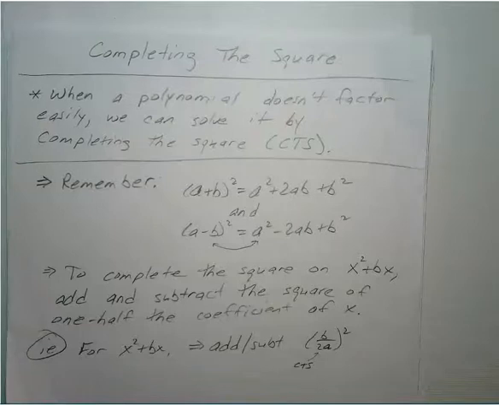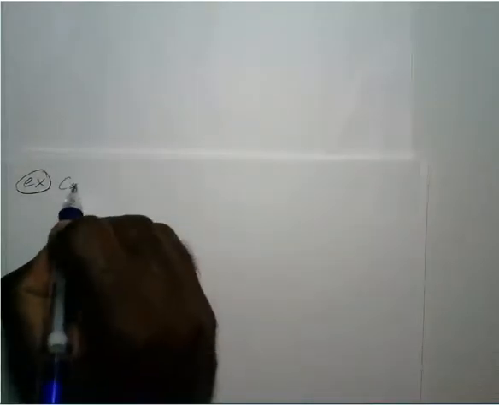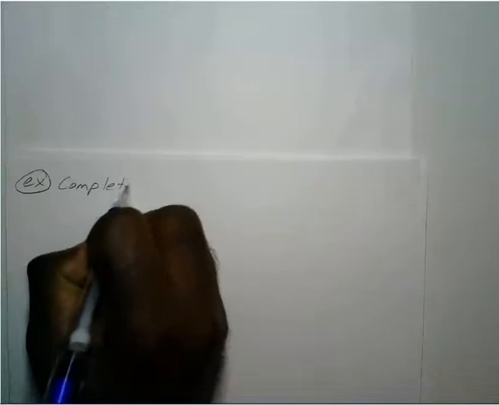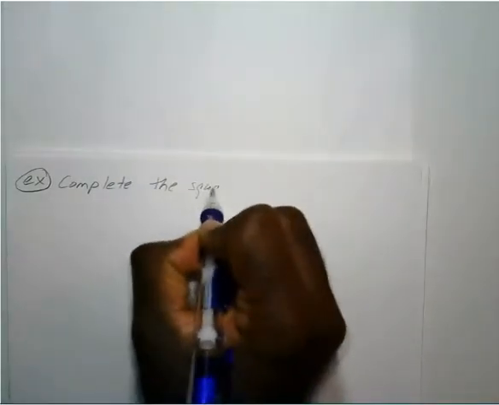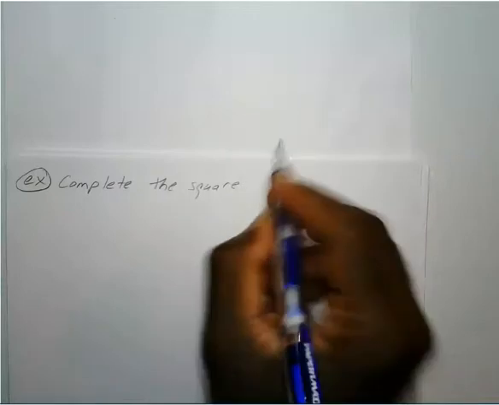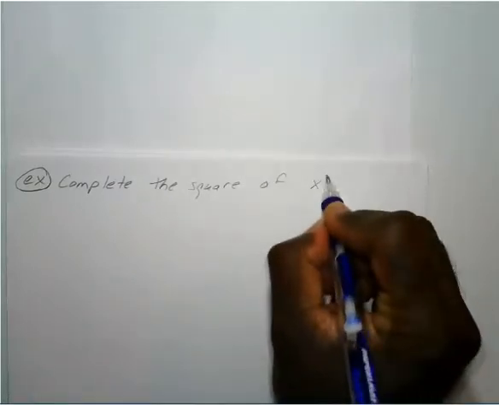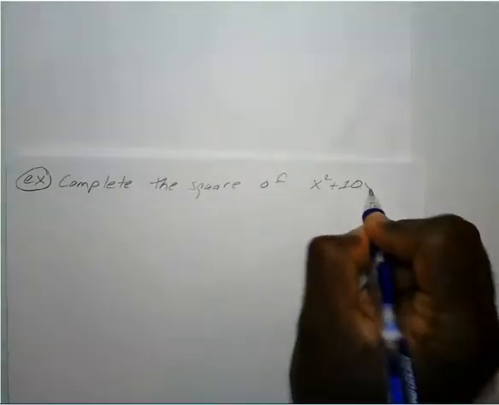Okay, so let's go ahead and start on our first example. Let's say we want to complete the square of x squared plus 10x.